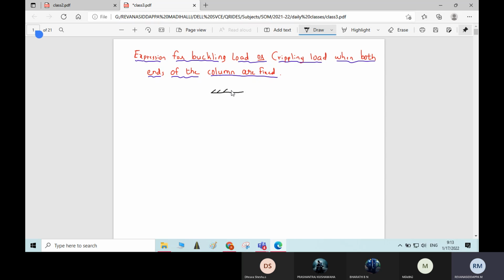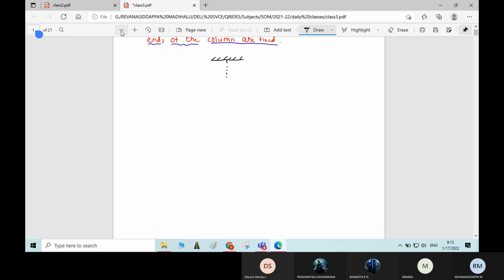So here it is said that both ends of the column are fixed. Okay, let us take a column of length L, fixed at both ends.